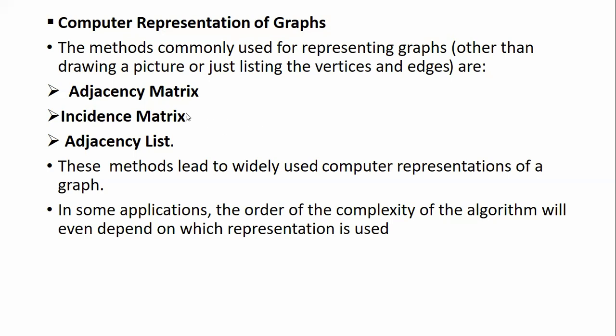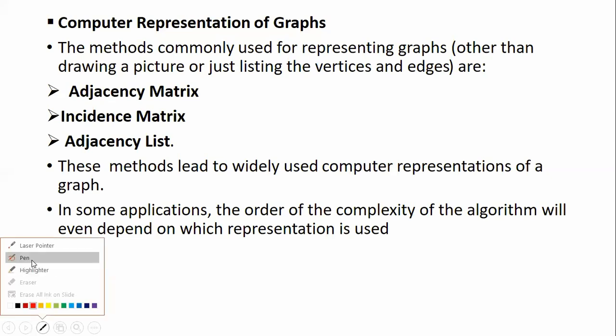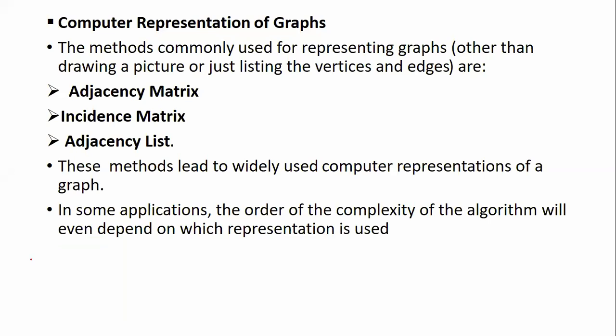One, the adjacency matrix. You can represent a graph by using the adjacency matrix of a given graph. Two, we can also have the incidence matrix, and then we have the adjacency list.